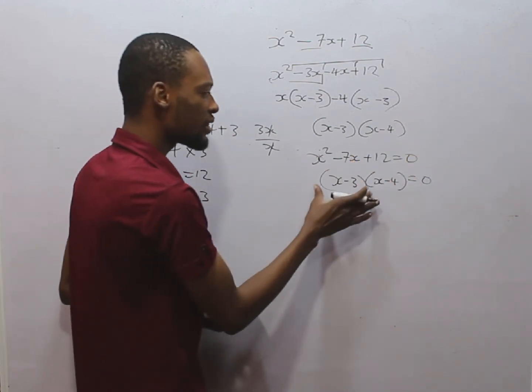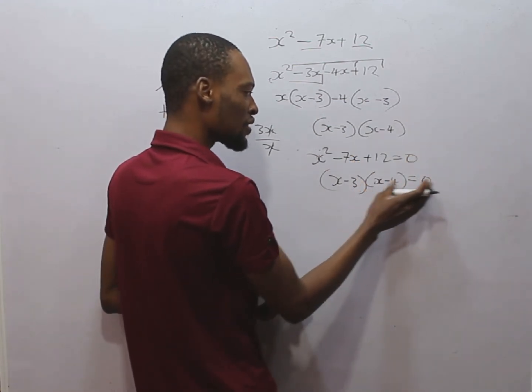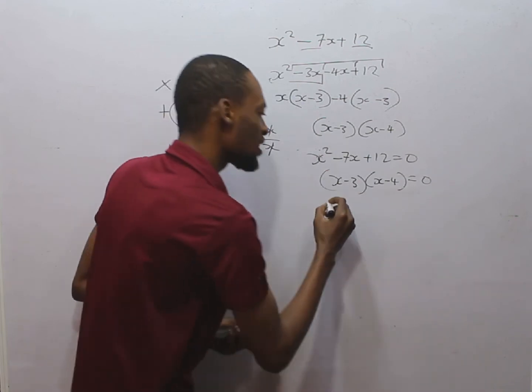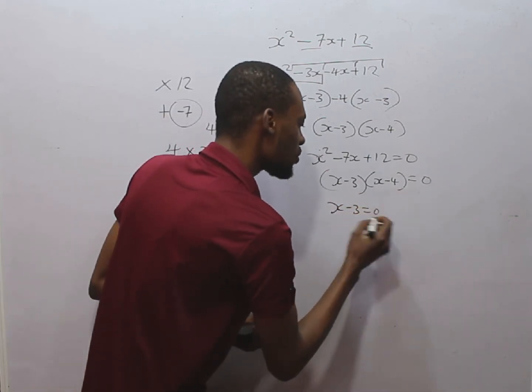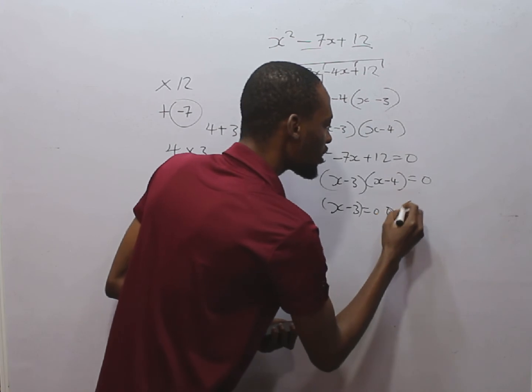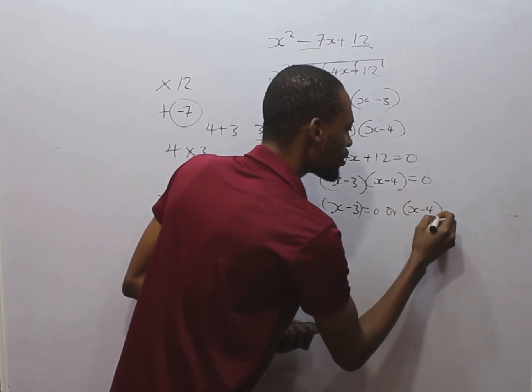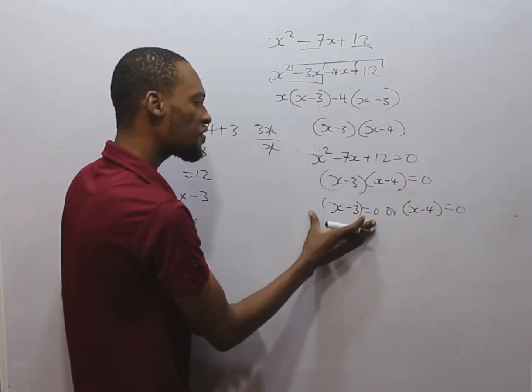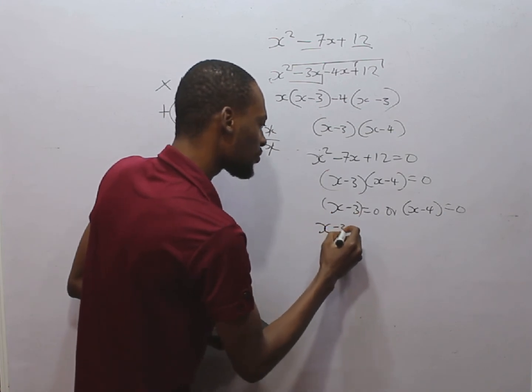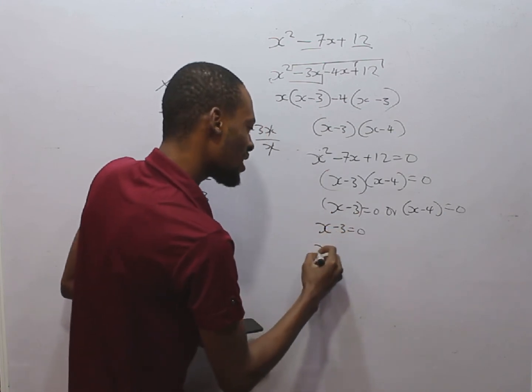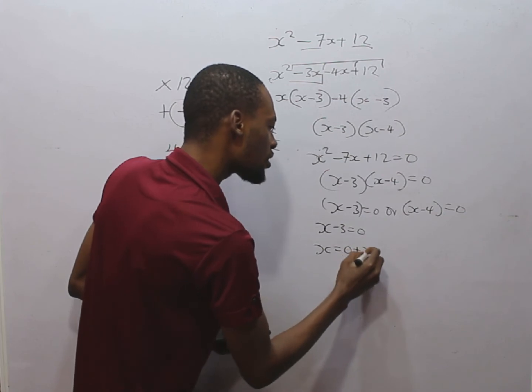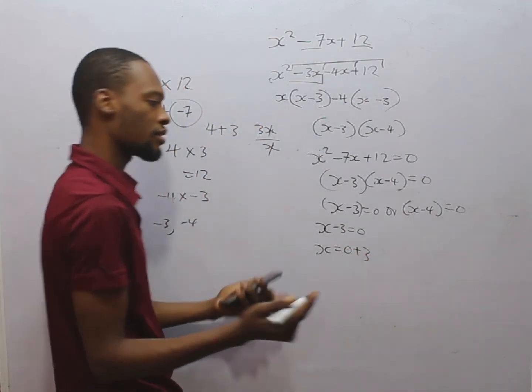If s minus 3 bracket s minus 4 is equal to 0, this is the same thing as s minus 3 is equal to 0 or s minus 4 is equal to 0. If s minus 3 is 0, it simply means that s is equal to 0 plus 3, collecting like terms.